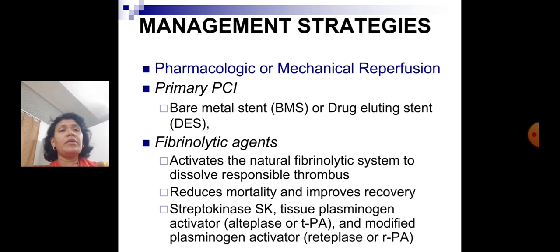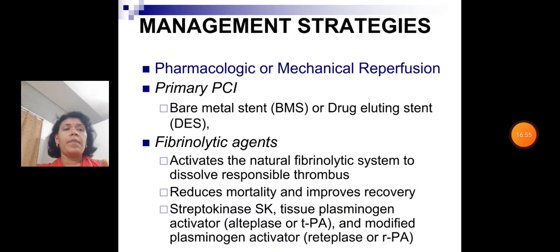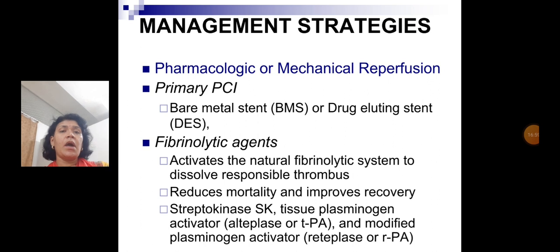Coming to management strategies, pharmacological or mechanical reperfusion. So primary PCI and fibrinolytic agents. Primary PCI, either with bare metal stents or drug-eluting stents, or we can use fibrinolytic agents. Fibrinolytics activate the natural fibrinolytic system and dissolve the responsible thrombus. They reduce mortality and recovery is improved.